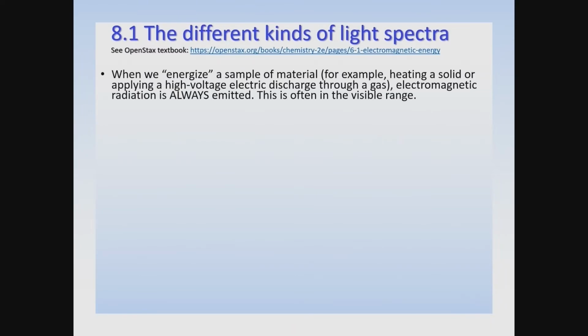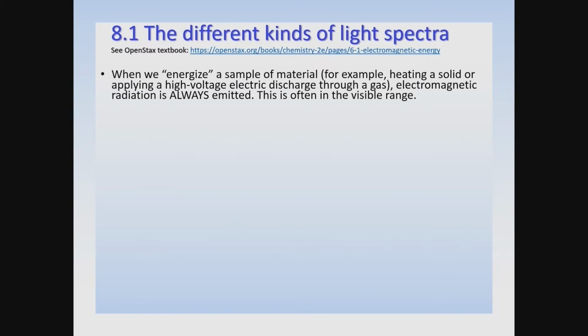Okay, so when we energize some kind of material, and we can energize it by heating it, making it so hot that it glows and produces blackbody radiation, or by sending electricity through it, what will happen in both cases is that you'll have electromagnetic radiation released from these objects.